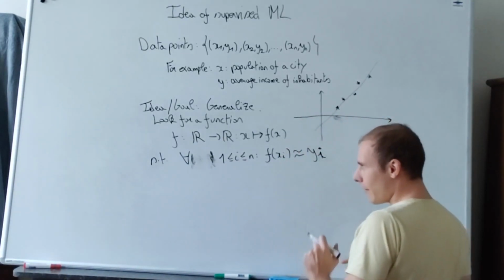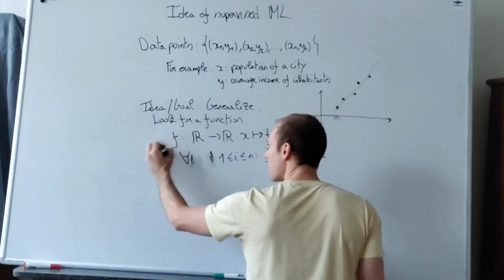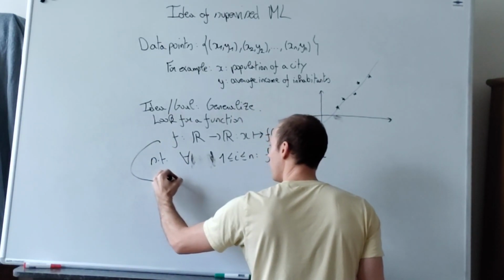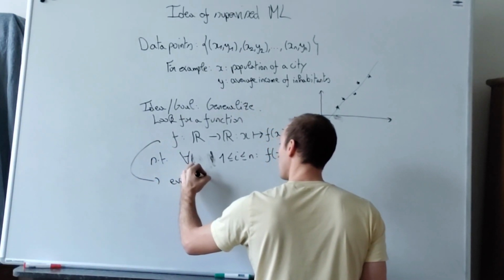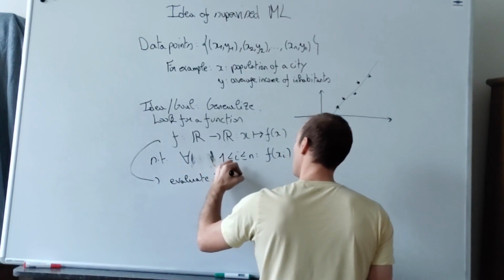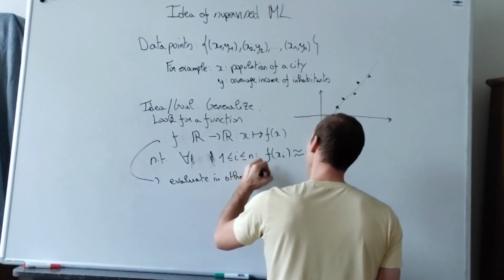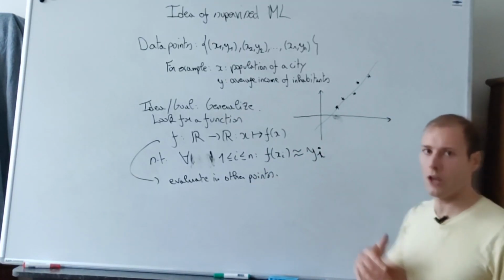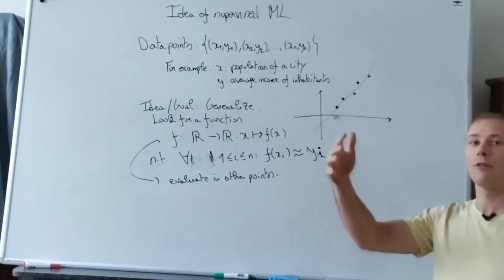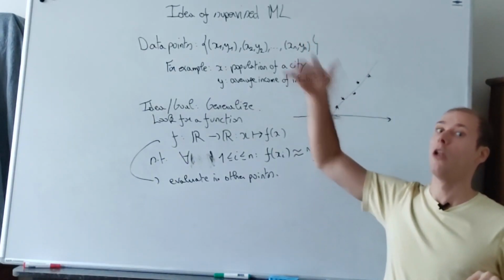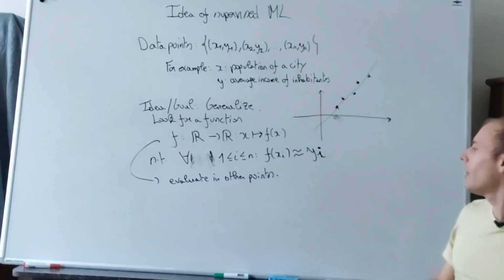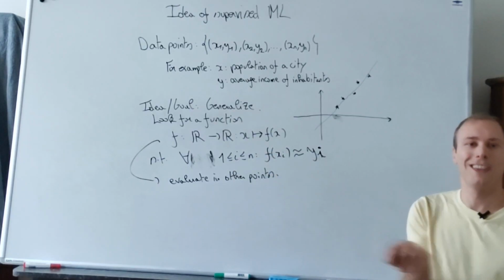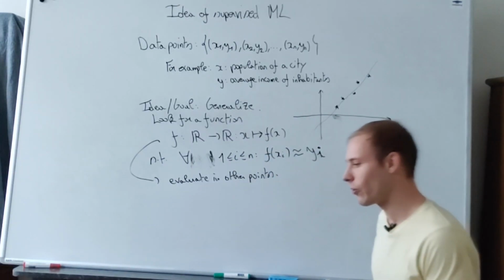And if we have this function f, we can evaluate it in other points, because we're not going to collect this data for every city. Maybe we overlooked some cities with a number of inhabitants which is a lot more, or maybe somewhere in between, and then we can just evaluate to make an educated guess, of course.